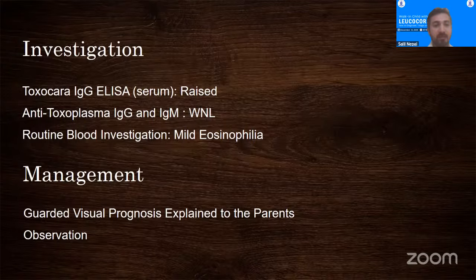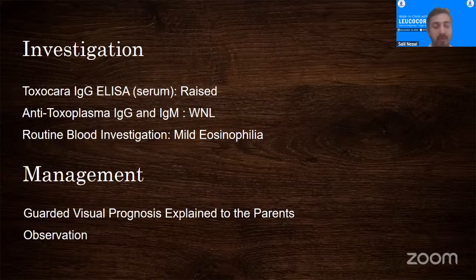After the clinical examination, the investigations were done, in which we found the Toxocara IgG serum antibody was raised. Anti-toxoplasma IgG and IgM were normal, and routine blood investigation showed mild eosinophilia.